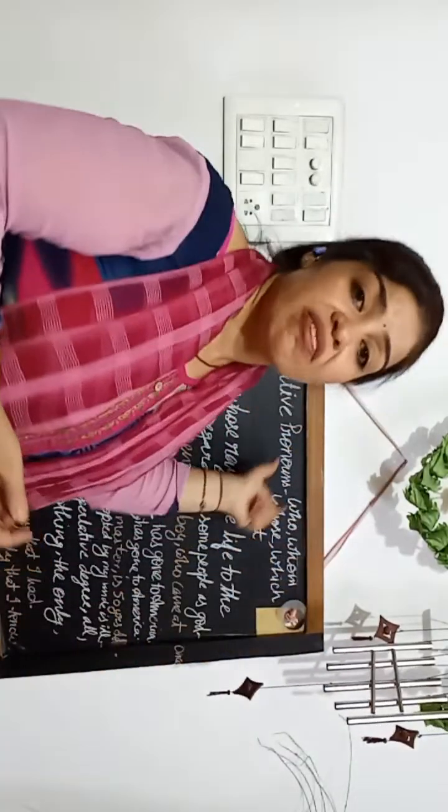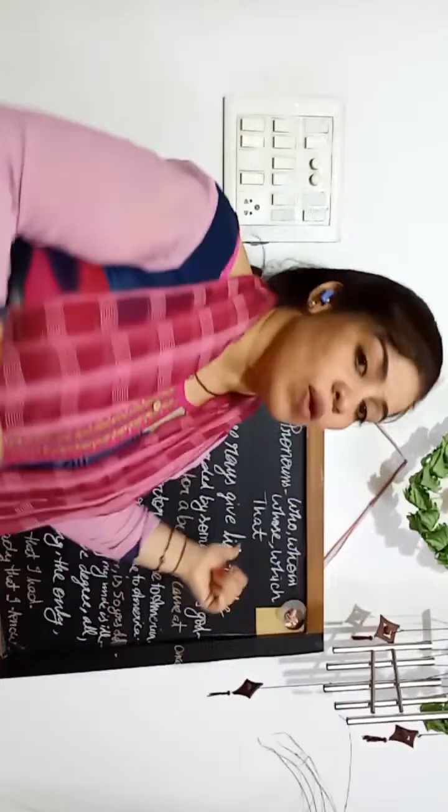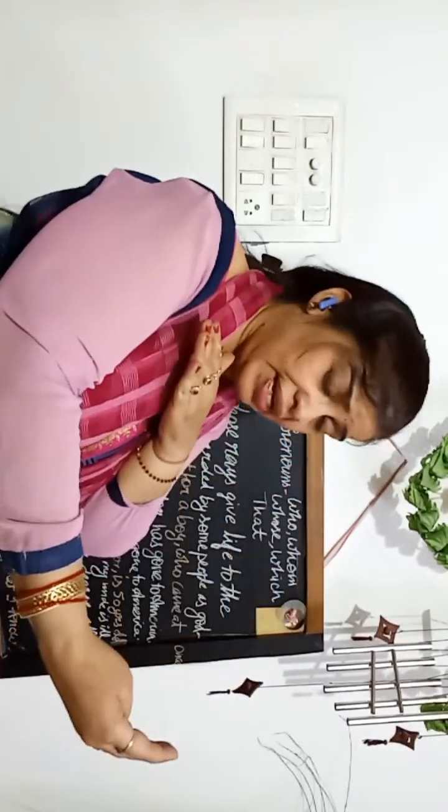So these relative pronouns are used to add adjective clauses in your sentence. Got the point? That means these pronouns help in the enlargement of your sentence, but the enlargement is with the help of adjective clauses.